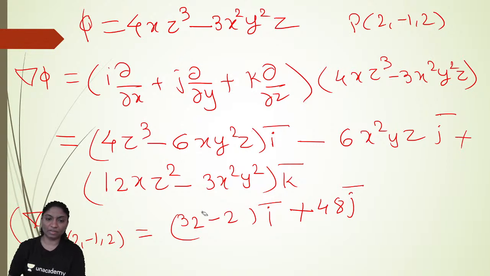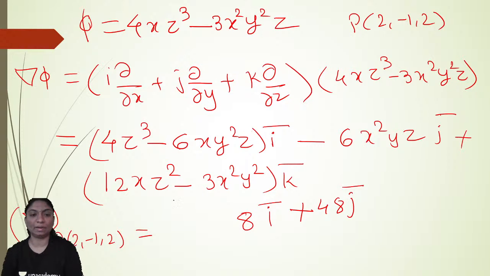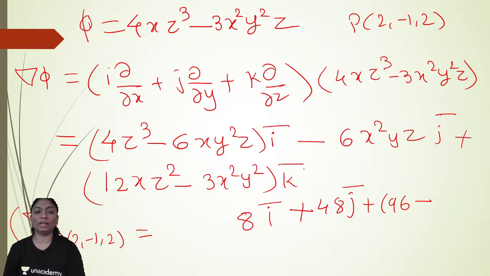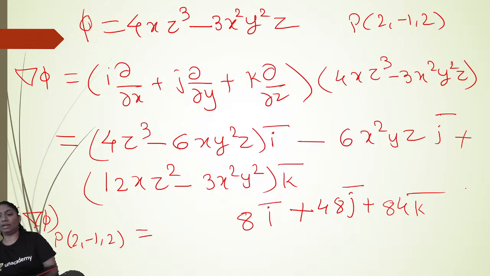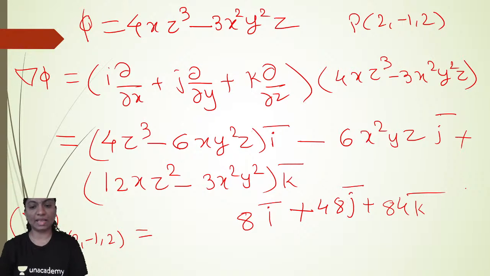That's 32 minus 24, so 8 i bar plus 48 j bar plus, x is equal to 2, 24 into 4 is 96, minus 2 square is 4, 3 into 4 is 12, so 96 minus 12, that is 84. I hope you are clear here how to calculate the del phi at point P, which is 8 i bar plus 48 j bar plus 84 k bar.